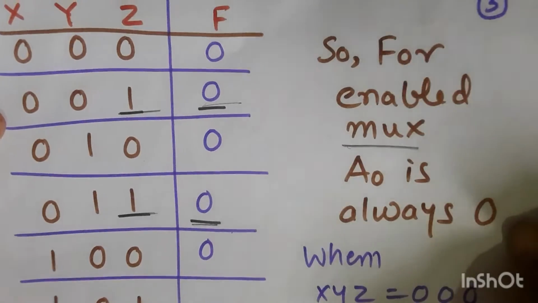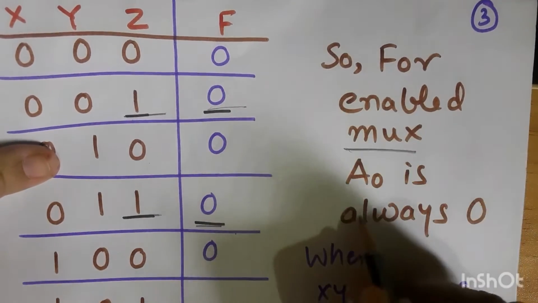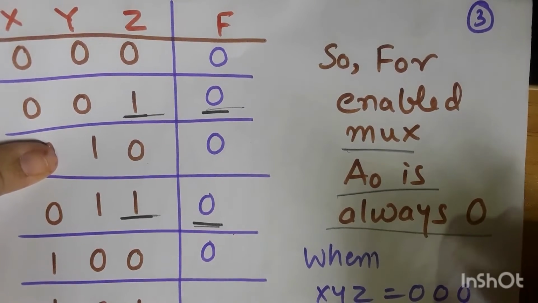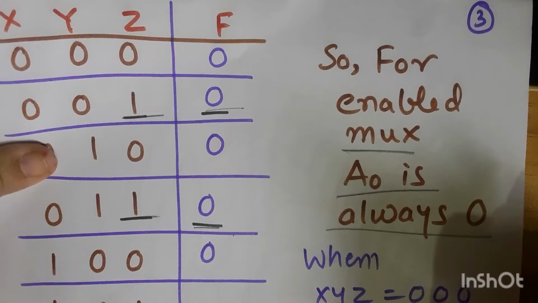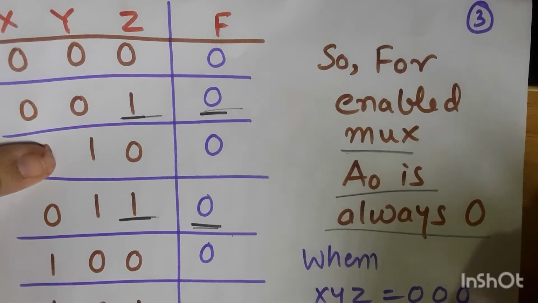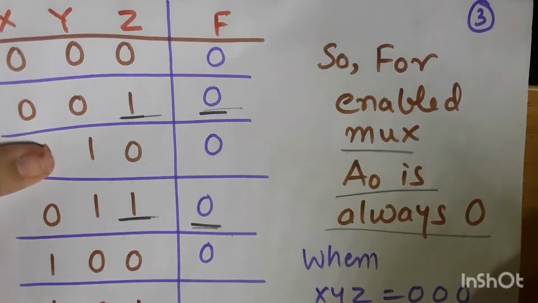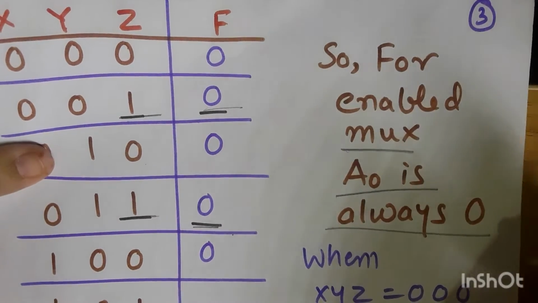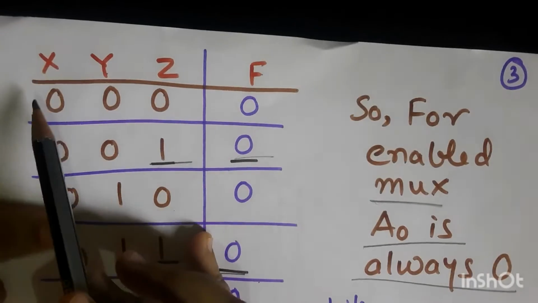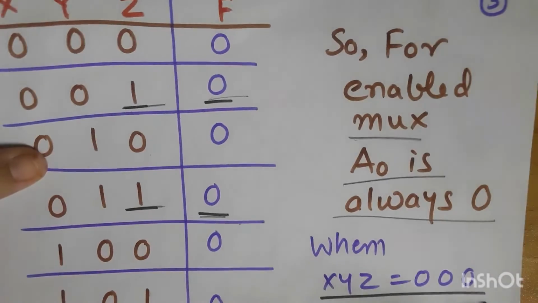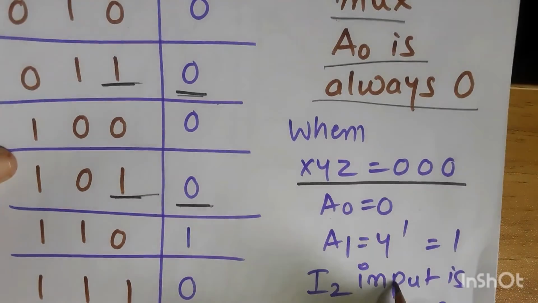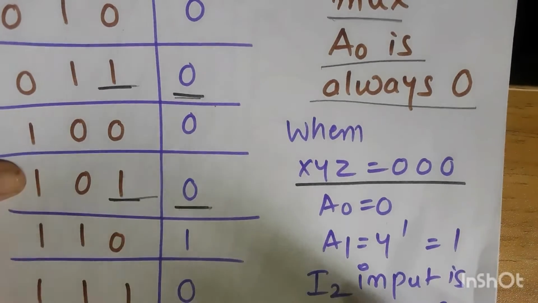Now for the enabled mux, A0 is always 0, as A0 is tied to Z and the mux is enabled for Z equal to 0. When XYZ is 0, 0, 0, A0 is 0, A1 is equal to Y dash, so it is 1.